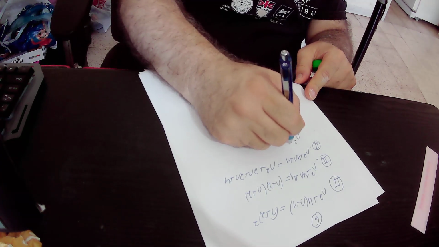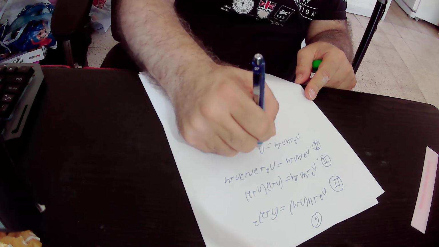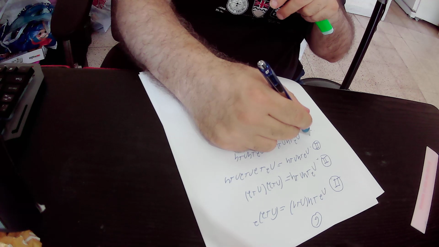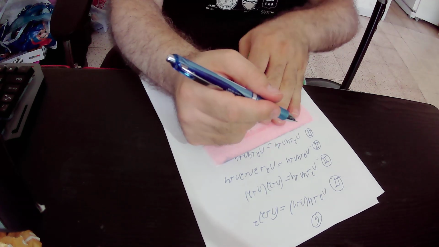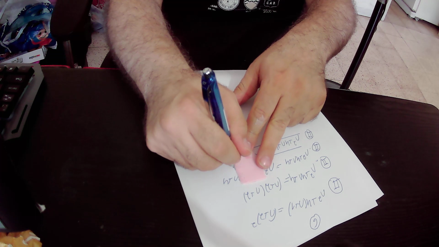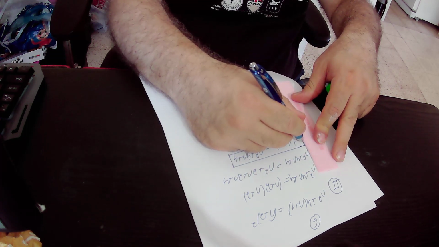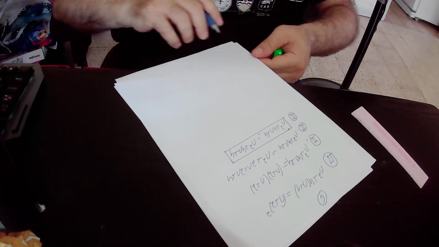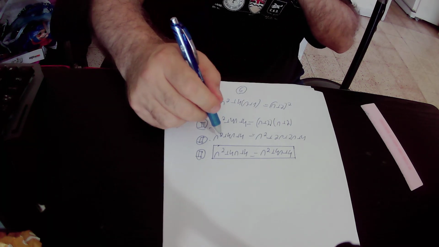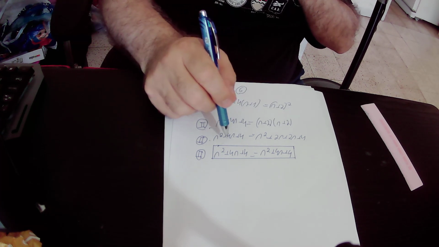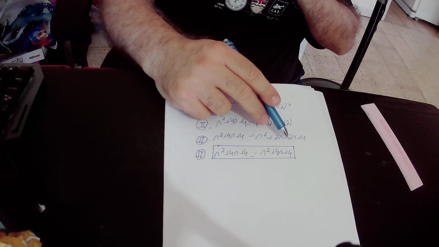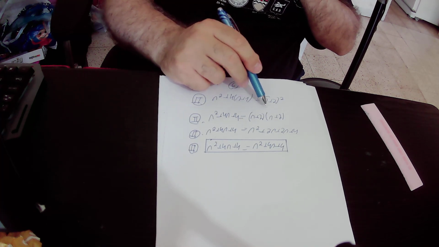So we got the identity: n squared plus 4n plus 4 equals n squared plus 4n plus 4. Here I actually opened the brackets, it's very simple.